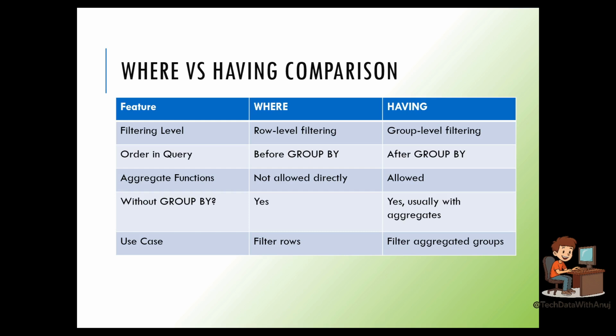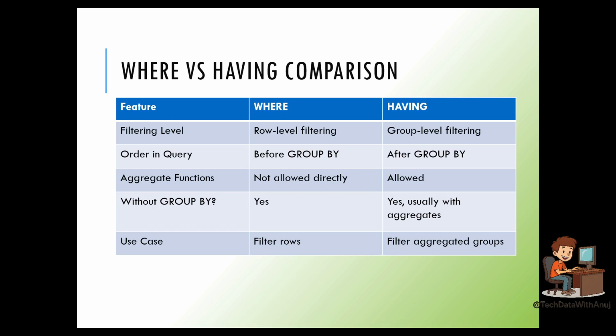WHERE versus HAVING comparison. First we check the filtering level. WHERE is row level filtering, so here we apply it on employee ID 1 or if department is IT, so you can apply row level filtering. But HAVING uses group level filtering. WHERE is applied before GROUP BY and HAVING after GROUP BY.